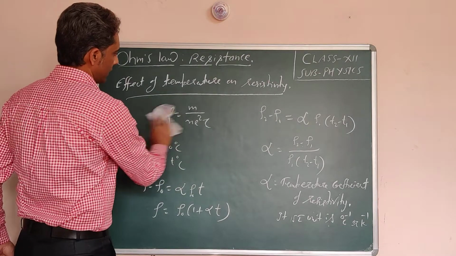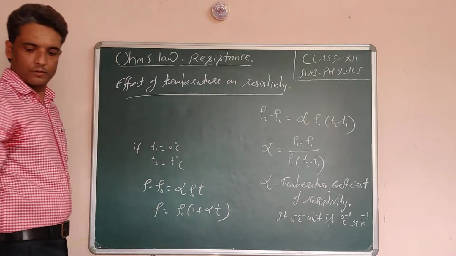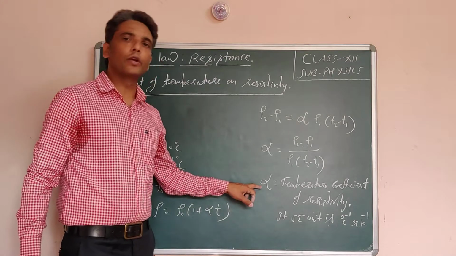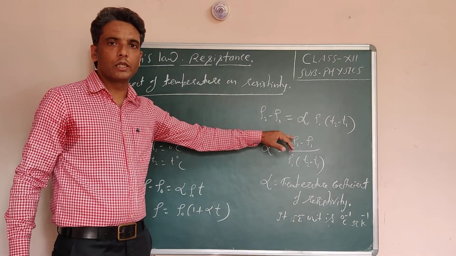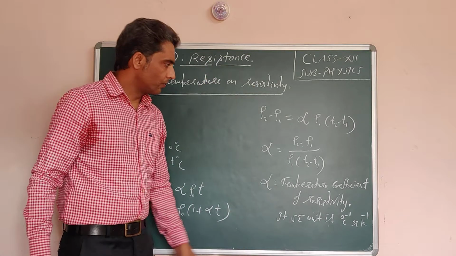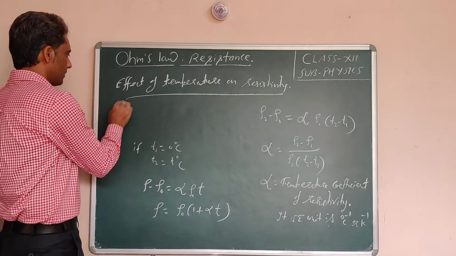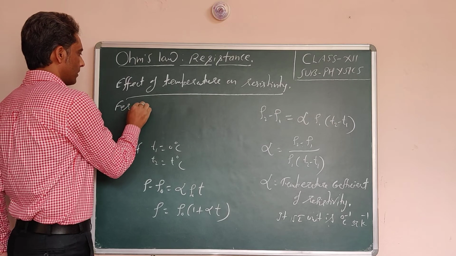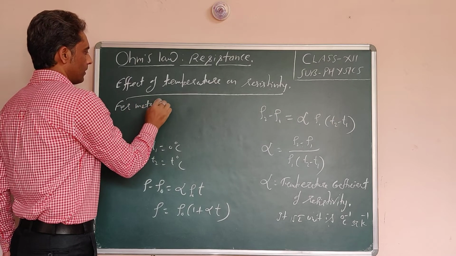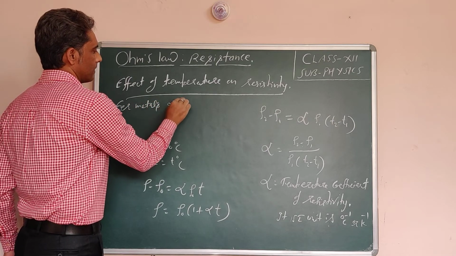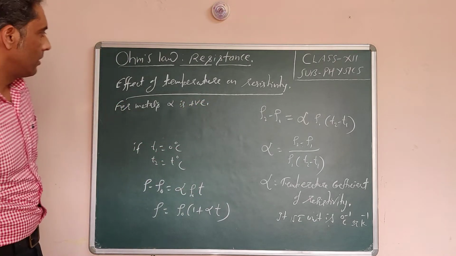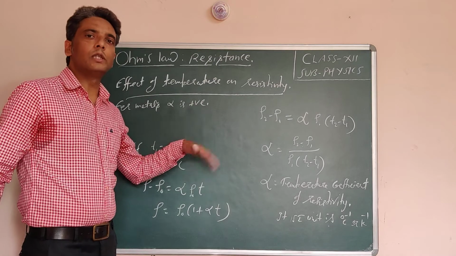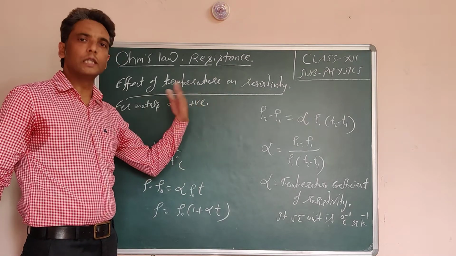Now from here we can see whether the value of alpha is positive or negative. For metals, with increase in temperature the resistivity increases, so for metals alpha is positive. Alpha positive means with increase in temperature resistivity increases.